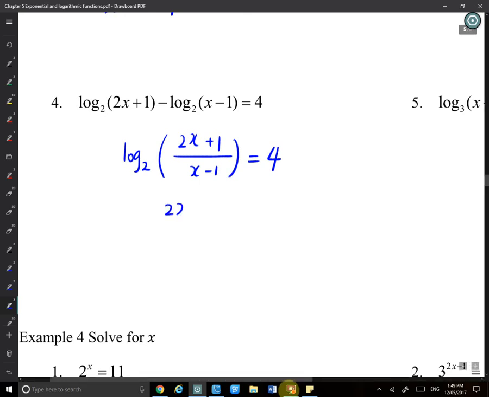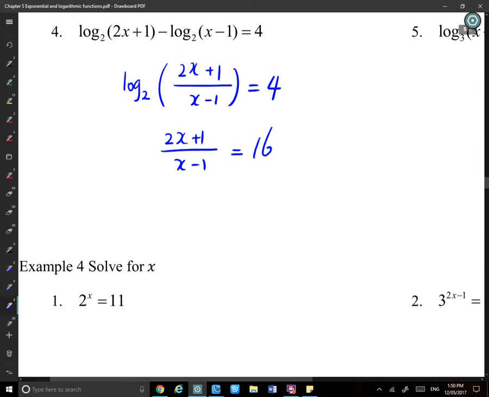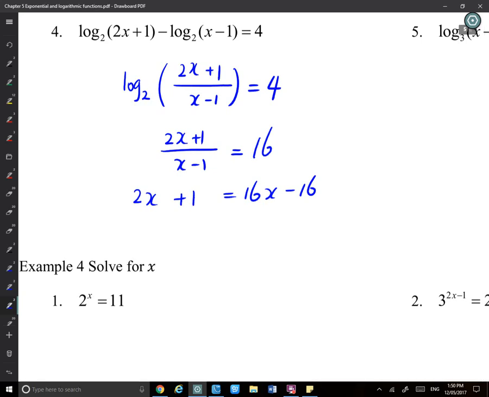And we'll have 2x plus 1 divided by x minus 1 equals 2 to the power 4. 2 to the power 4 will be 16. So 2x plus 1 equals 16x minus 16, times x minus 1 on both sides.